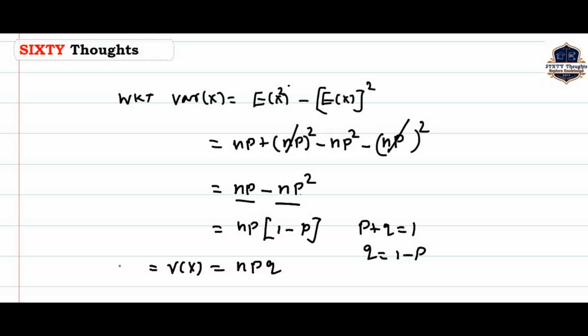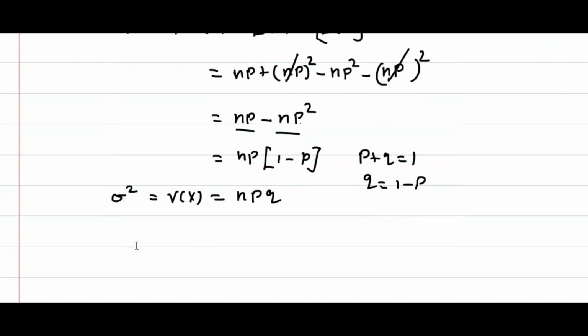Variance of x is also denoted by sigma square. So what is standard deviation? We know standard deviation is nothing but the square root of variance of x, that is equal to the square root of sigma square, equal to square root of npq. And standard deviation is denoted by sigma.